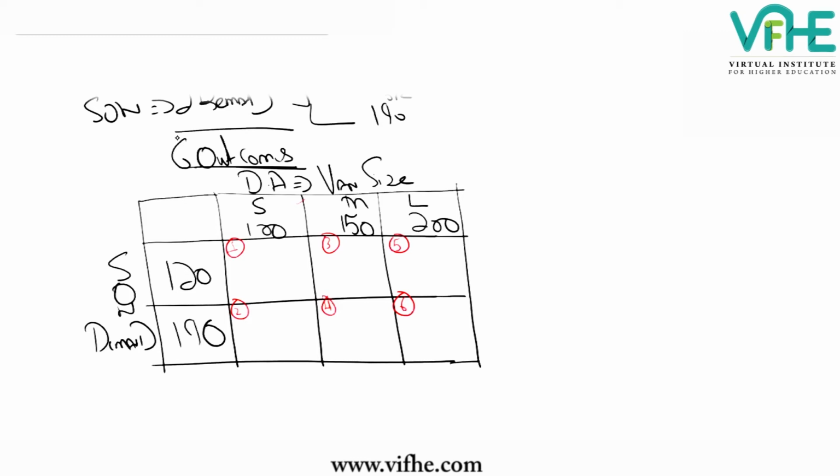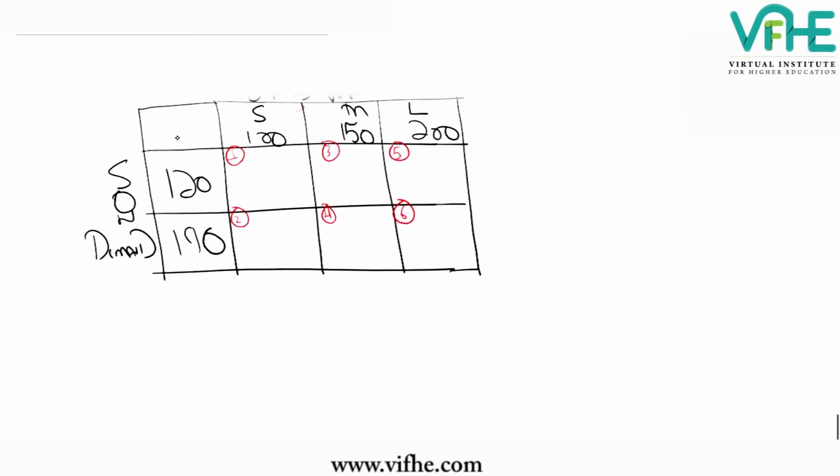Then you come to medium and calculate the profits for the 2 possibilities of medium, and then you come to large and calculate the 2 possibilities for large. So make it like this. Complete each DA first: first small, then medium, and then large. It is important to complete each DA first and then move on to the next one.